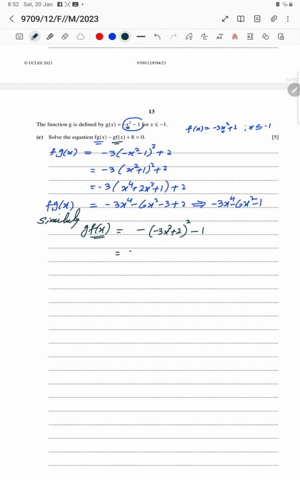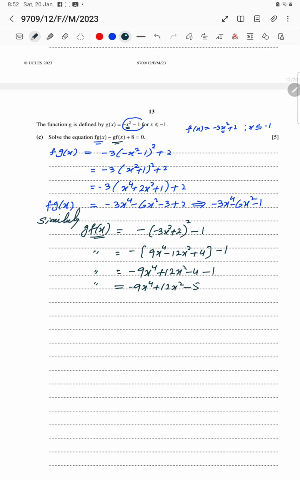Expand it, it becomes minus (9x^4 minus 12x square plus 4) minus 1. Expand it: -9x^4 plus 12x square minus 4 minus 1, which is -9x^4 plus 12x square minus 5. That is the result for this one.